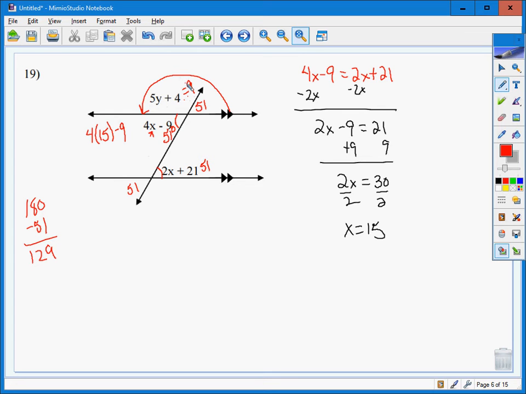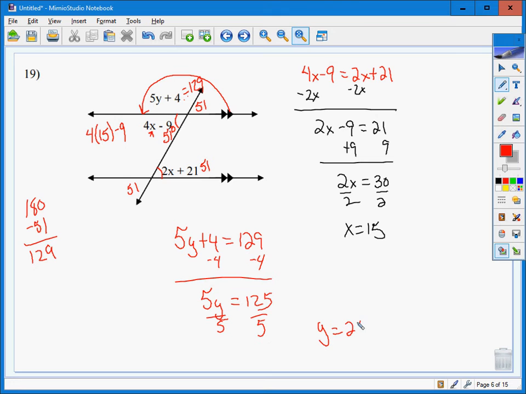And that becomes my other equation. I know that 5y plus 4 has to be equal to 129 degrees. If I subtract 4 from both sides, I have 5y equals 125. So when I divide by 5, I get y is equal to 25. There's both my x and my y value.